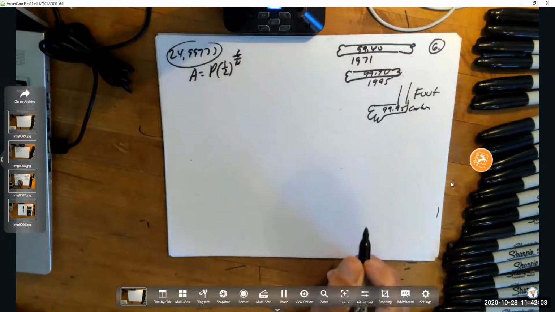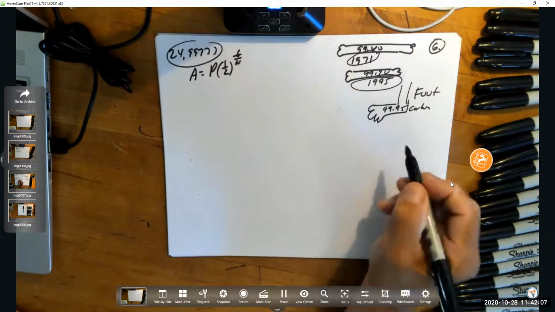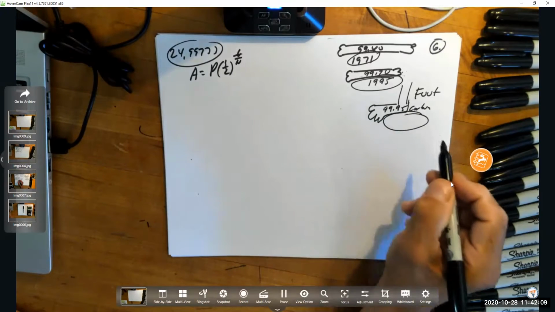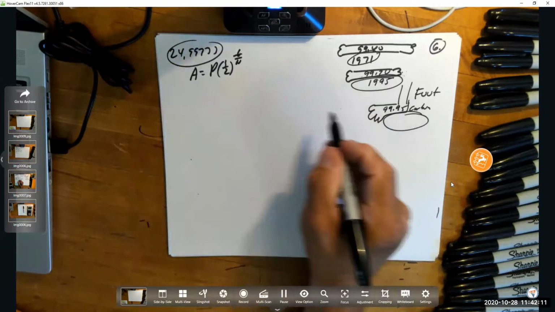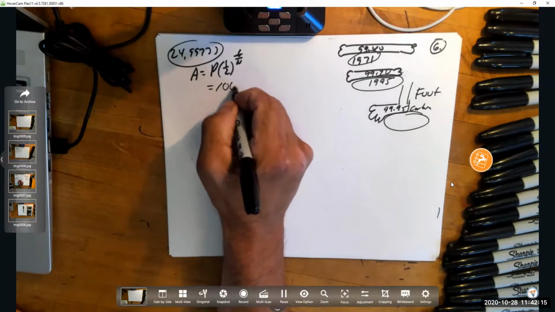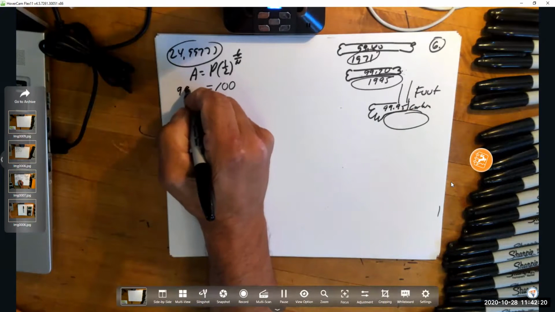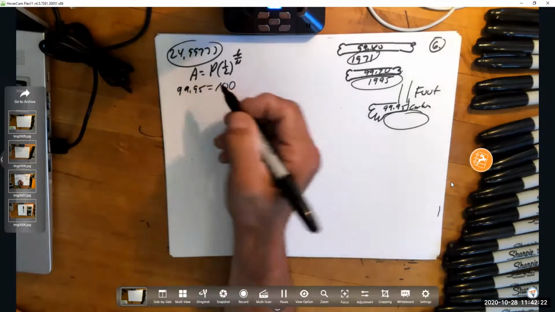All right. So this one died in 1971. This one died in 1995. So we're gonna find out when did this person die. Back to this. We know it's 100% when you start, but this one doesn't have that. It has 99.95 of this stuff left in it.